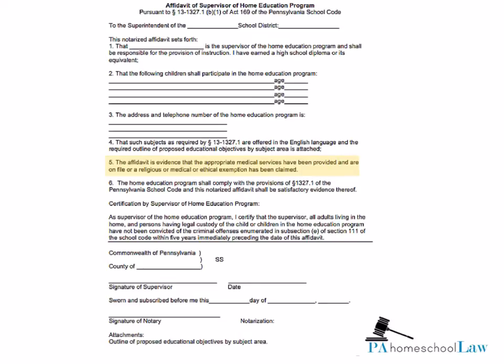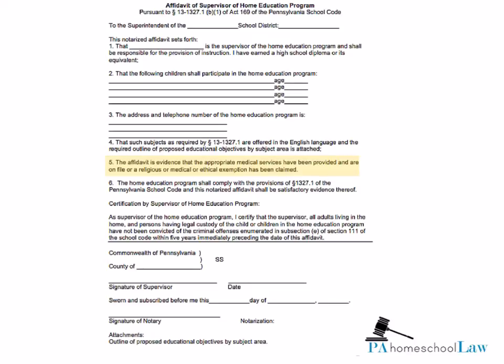Now, by on file, this can mean at home or with a healthcare provider. According to Section 1303D, the exemption should be provided in writing. I would argue that the affidavit is sufficient notice of an exemption. Most school districts will accept this.